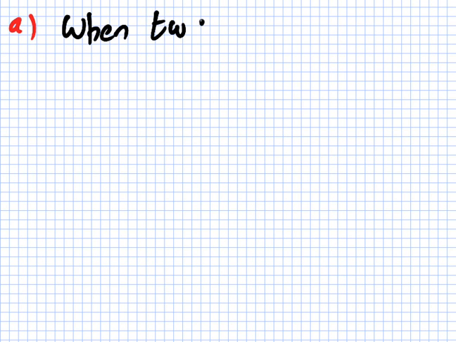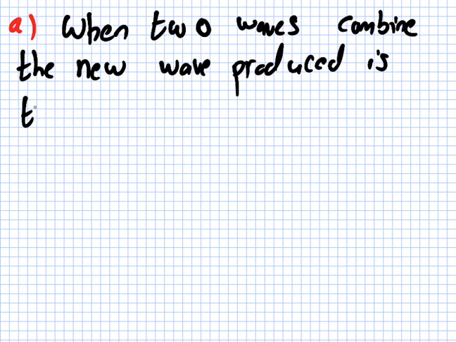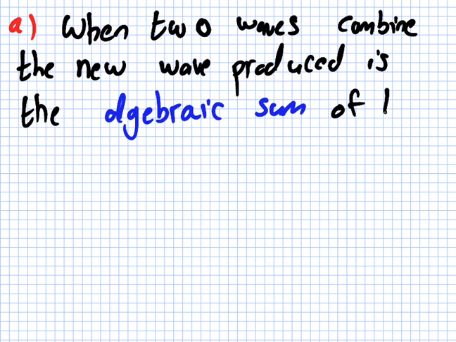Who wanted to hear the principle of superposition? When the two waves combine, the total wave will be the algebraic sum of the two. That's it. When two waves combine, the new wave produced is the algebraic sum of the two.